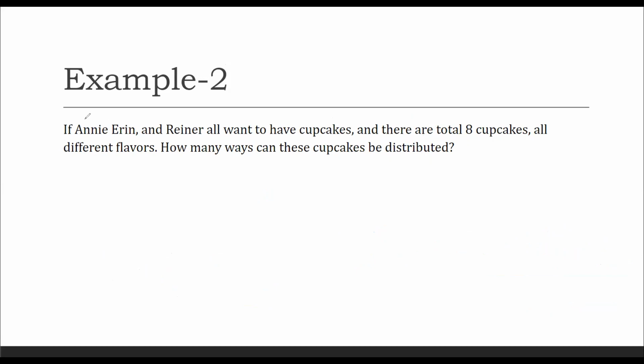So we can think of Annie, Aaron, and Rainer as our distinct boxes or groups. So that's going to be our m. And there are 8 cupcakes, and they're all different, so we can think of this as our n distinct balls. Remember, the number of ways to put n distinct balls into m distinct boxes is m to the n.